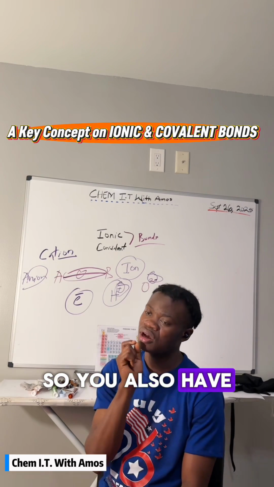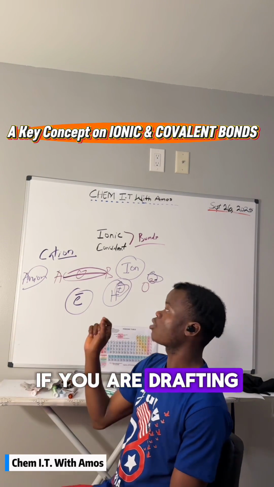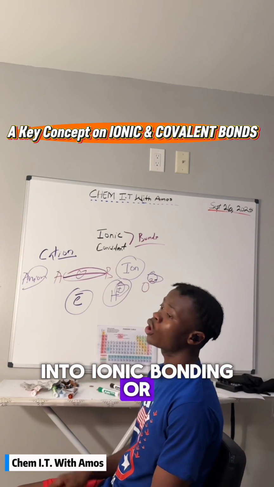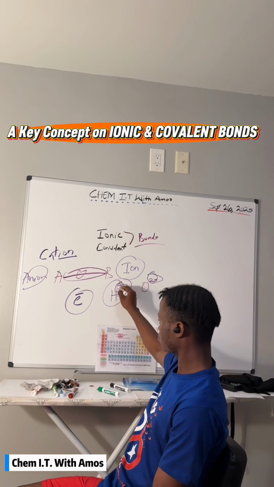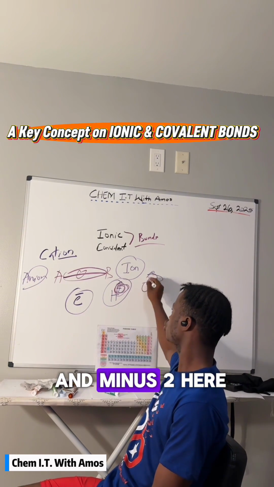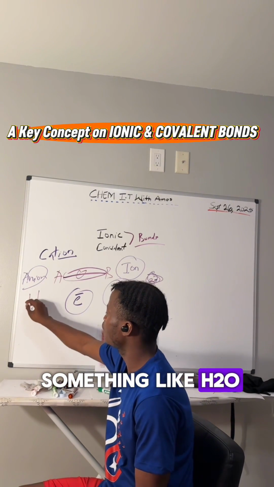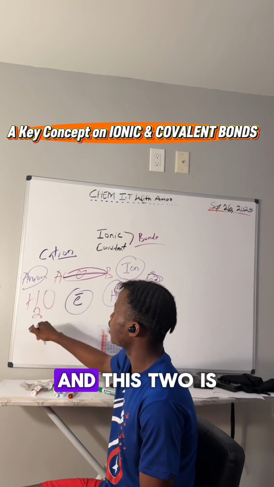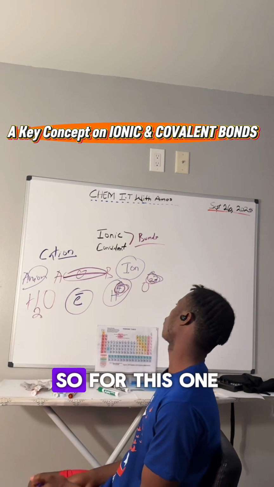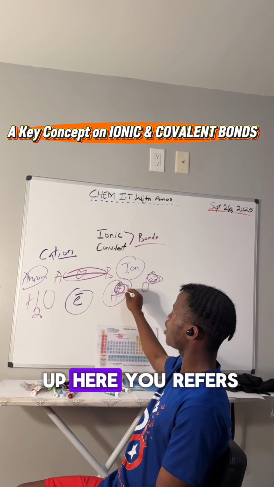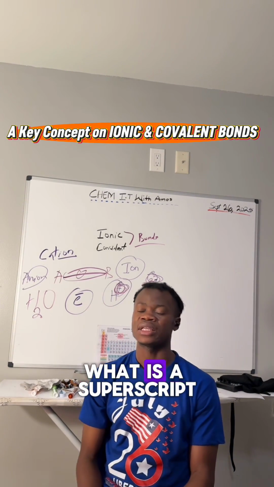You also have to understand superscripts and subscripts if you are going into ionic bonding or chemical bonding. If you look here, you have positive here and -2 here. They are above. If you have something like H2O, where this 2 is hanging down, it is called differently. For the one up here, you refer to it as a superscript.